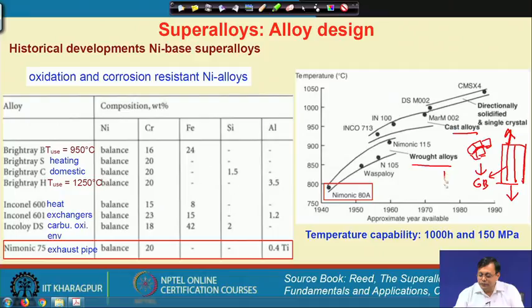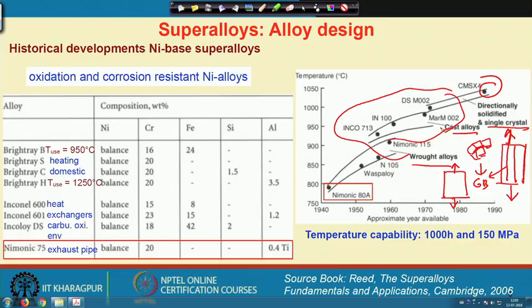And if we simply make a single crystal, where there is no grain boundary at all, then definitely they will perform much better, and these CMSX series alloys are used today for blade applications. Blade is a very precise thing, but besides blades, cast alloys can be used. So, that is how this development came along, from the Brightray alloy in the 1940s up to today.